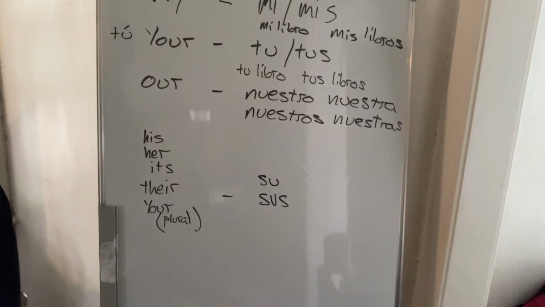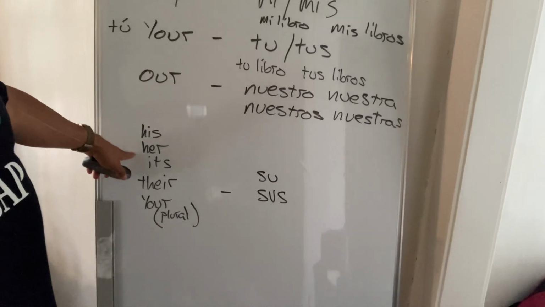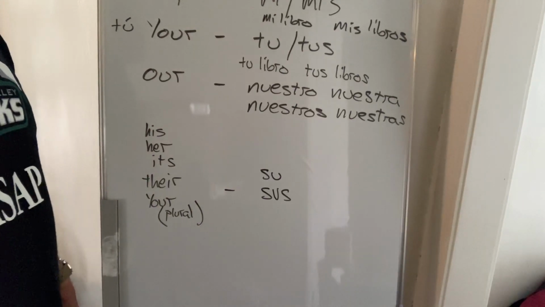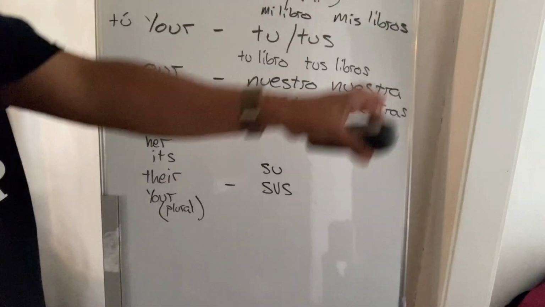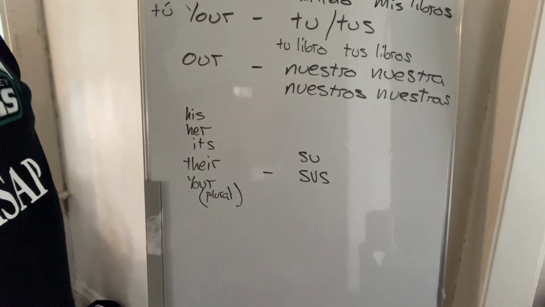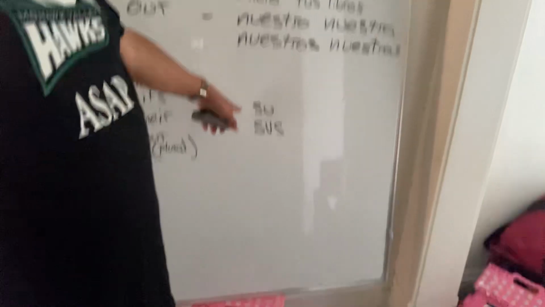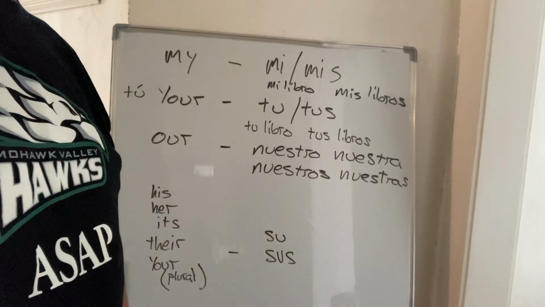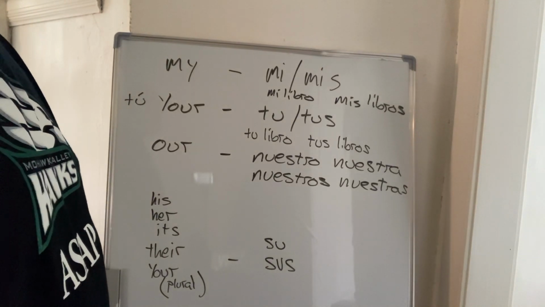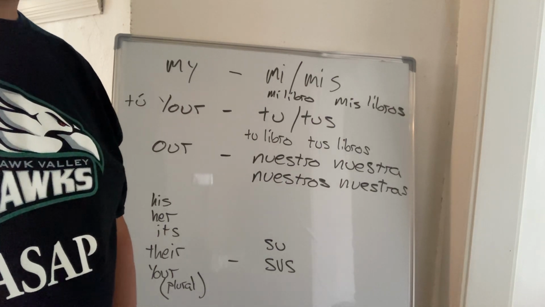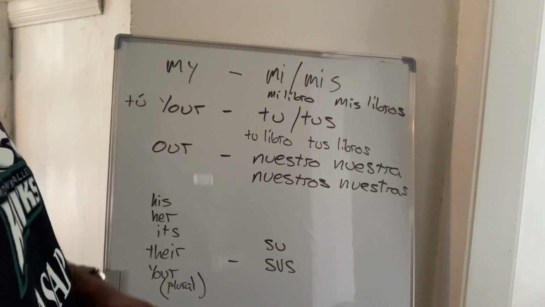Because if you want to say his, her, its, their, or your in the plural, and also your in the formal, in the usted form, there's only two words, su and sus. And so the only difference is is it one thing that's possessed, or is it more than one thing that is possessed? So if you say his book, it's su libro.